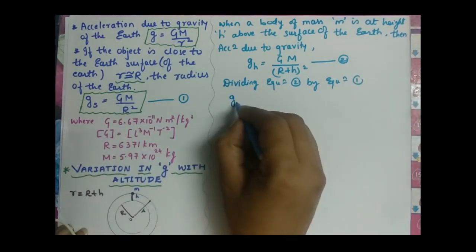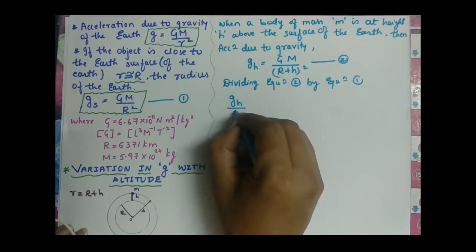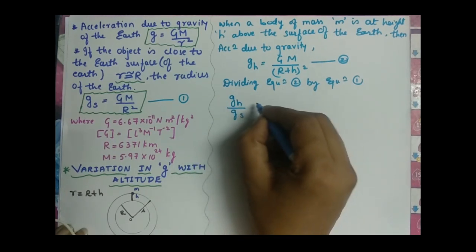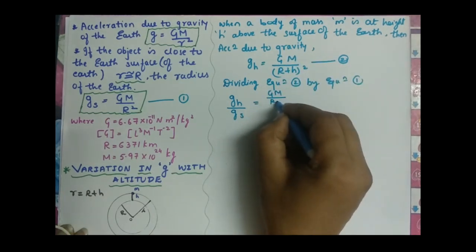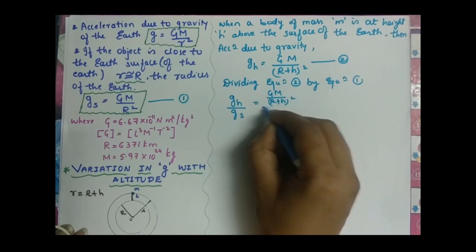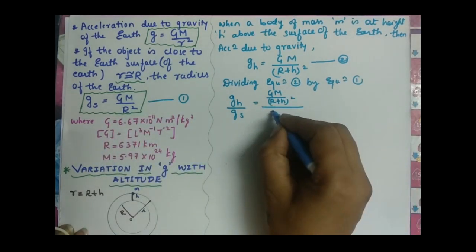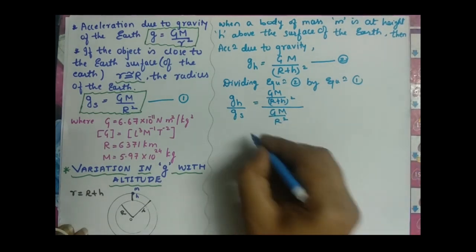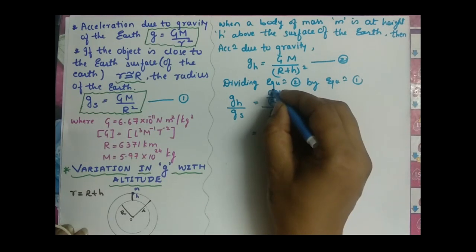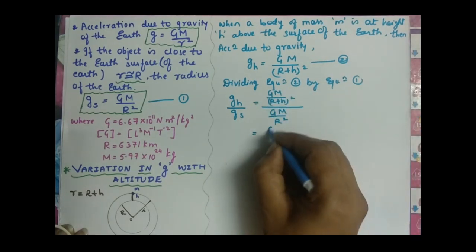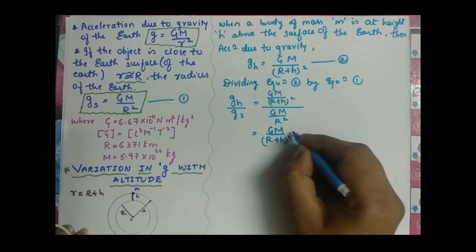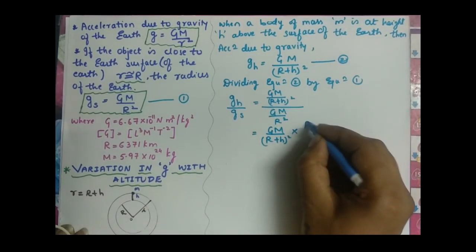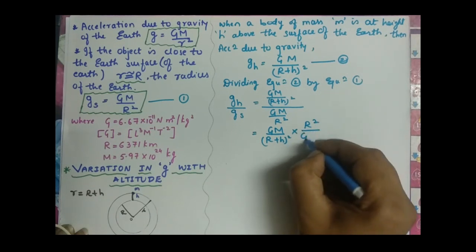What we get: g_h / g_s is equal to GM/(R + h)² divided by g_s, whose RHS is GM/R². Now if you take this one up, it becomes GM/(R + h)² into, inverting this, R²/GM.